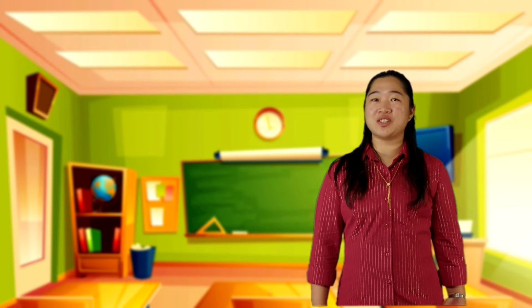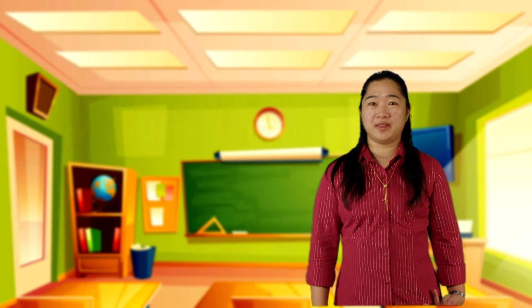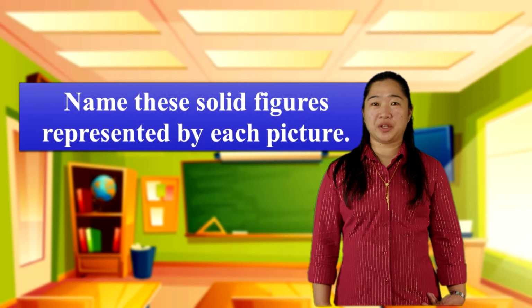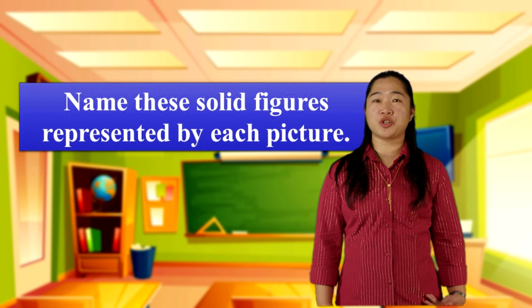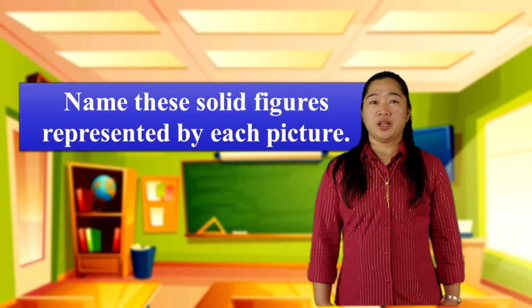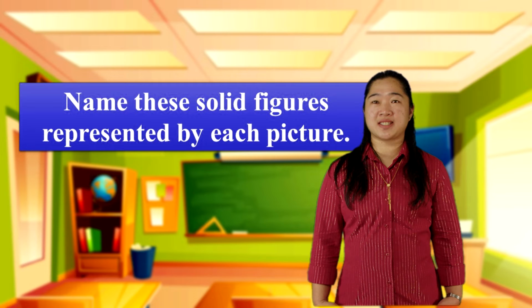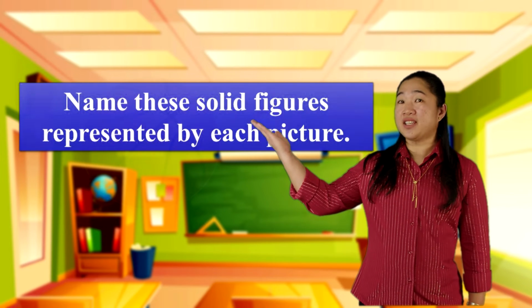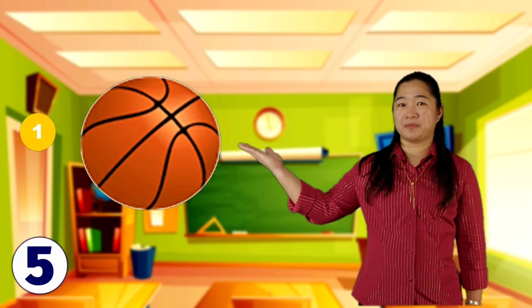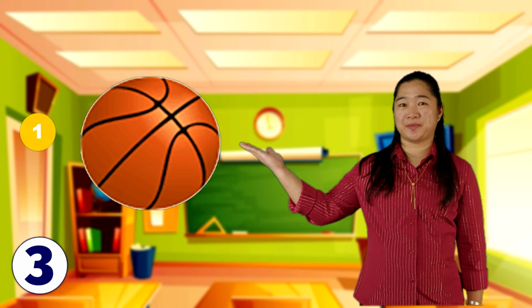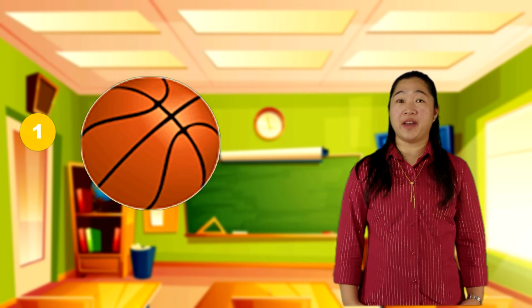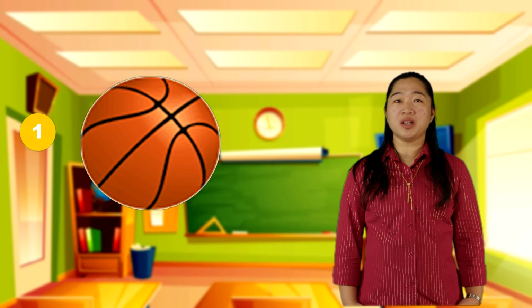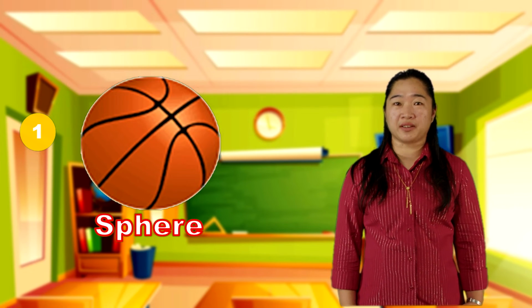Let's move on to the second activity. Name the solid figures represented by each picture. You will answer in 5 seconds. First picture. Very good. The ball represents a sphere.